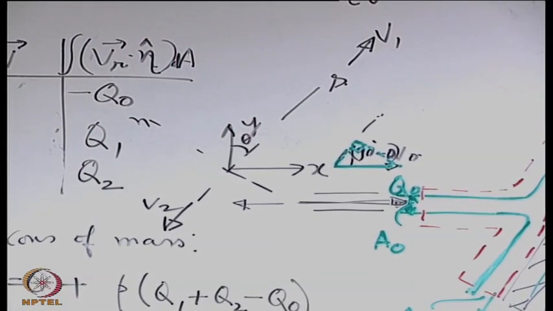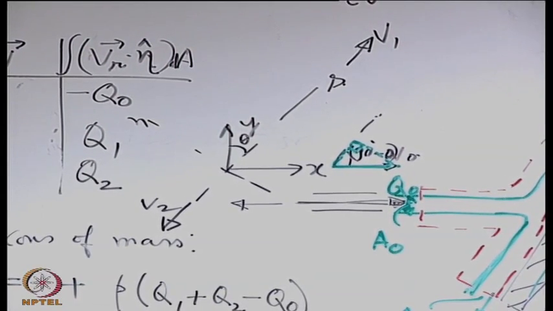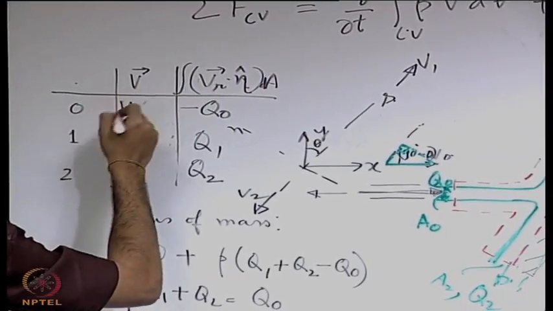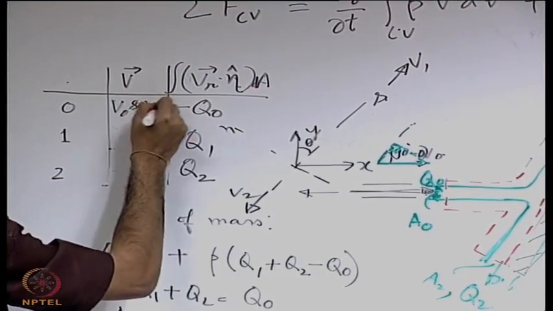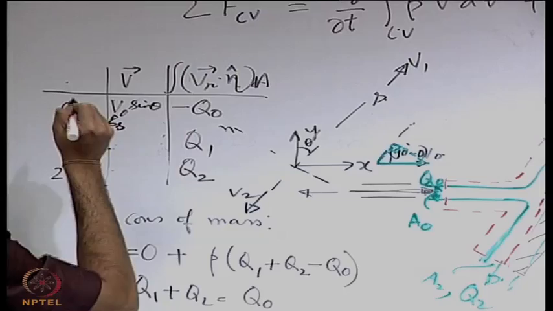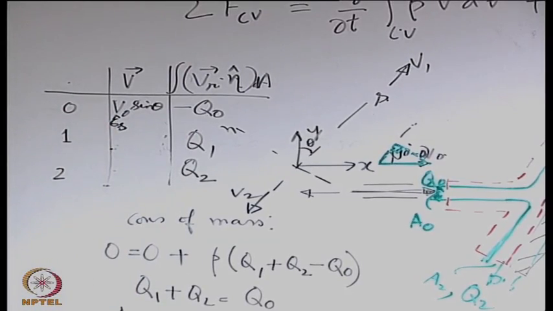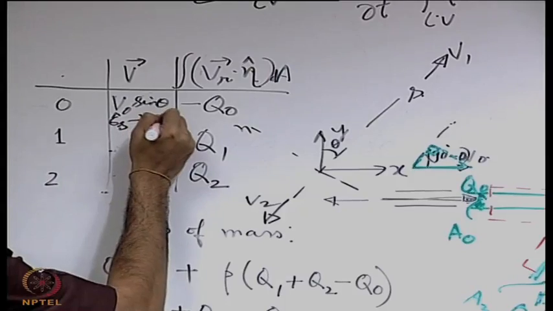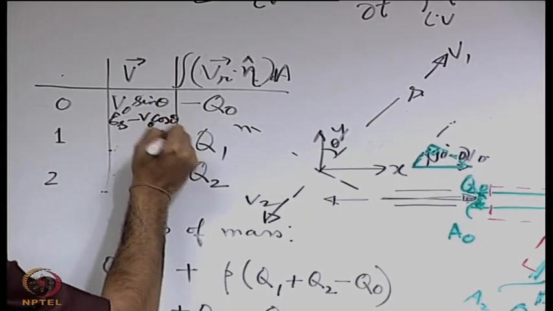So what will be the component along s? v naught sin theta epsilon s, then minus v naught cos theta epsilon n.